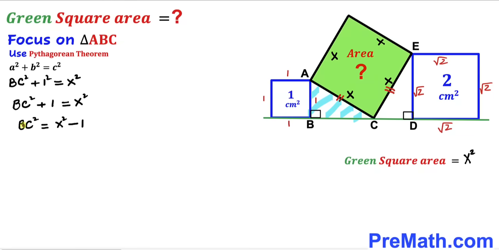And now I'm going to undo this square by taking a square root on both sides. So therefore this BC side length turns out to be square root of x square minus 1.